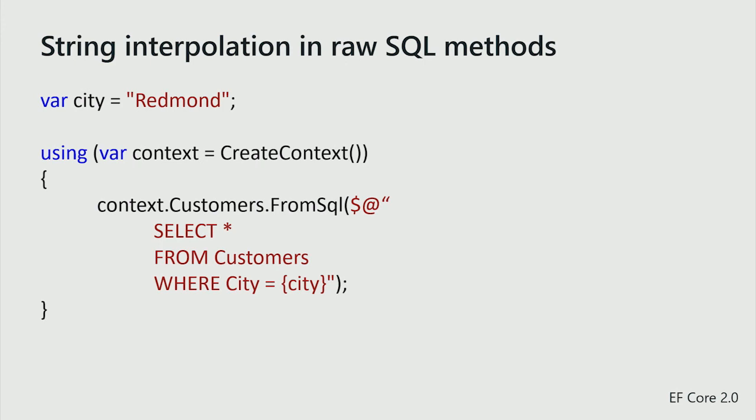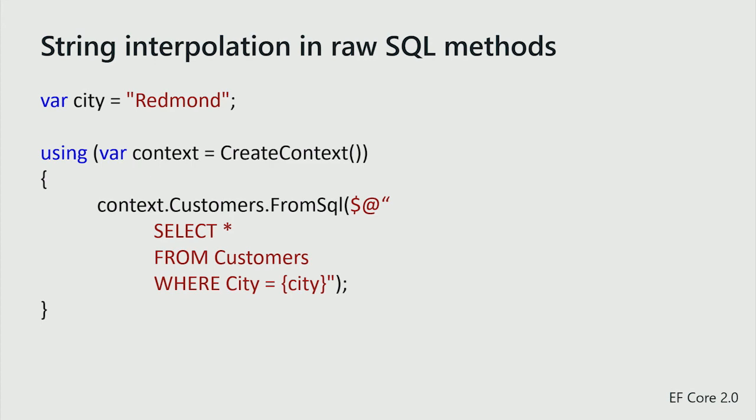from that customer table. Okay, if we take a look at this code, up here we have a variable called city, and we're setting that to Redmond. Then in here we have this FromSql, and we send it this string, with city wrapped in curly brackets. That tells Entity Framework to use this parameter inside this select statement.